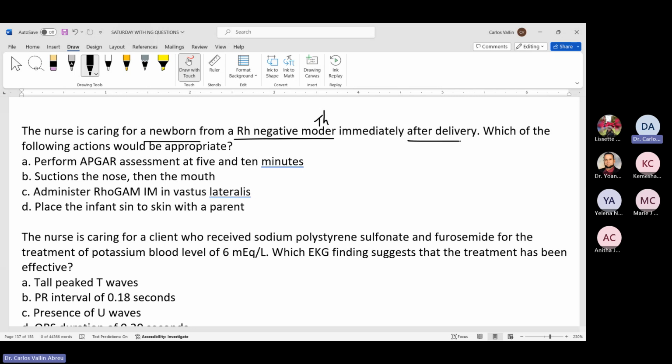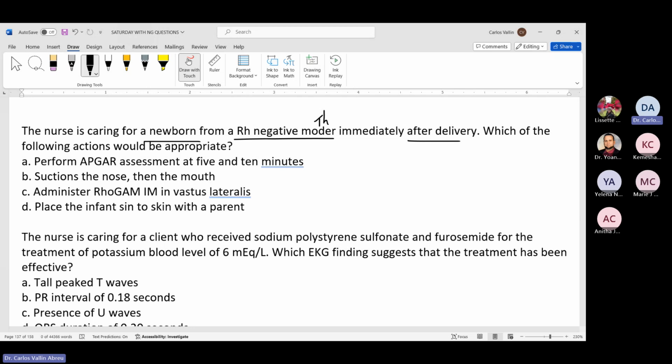Perform Apgar assessment at 5 and then 10 minutes. Suction the nose, then the mouth. Administer RhoGAM IM in vastus lateralis. Place the infant skin to skin with the mother, with the parent.